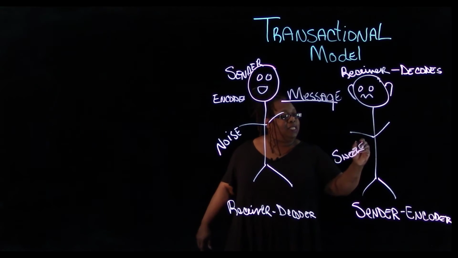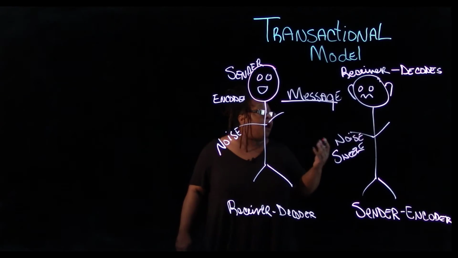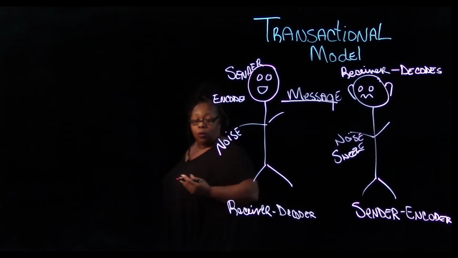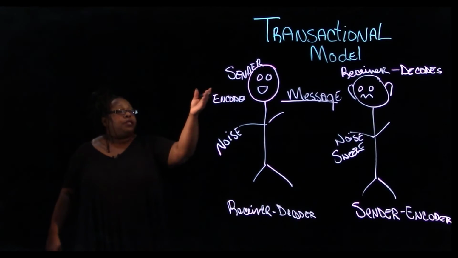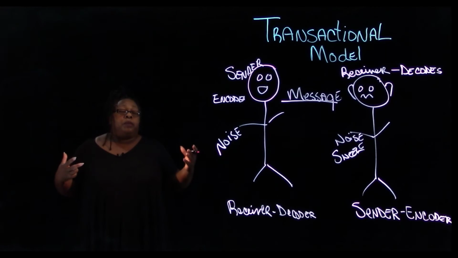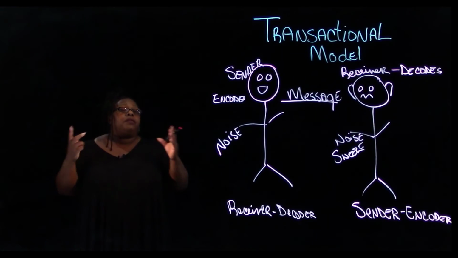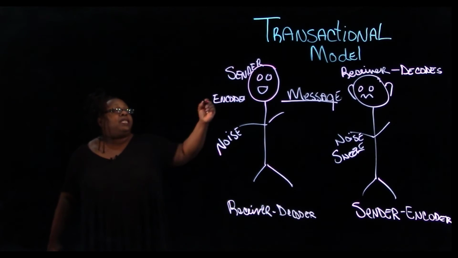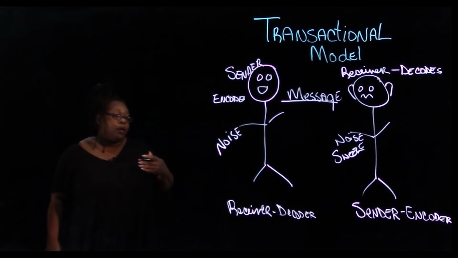Just say sneeze, and that can be noise. Also, if the room is too hot, if it's too cold, if the speaker, the sender, is wearing something really loud and obnoxious or just not that awesome, all of those things are noise, and noise can interfere with the messages that we're sending, receiving, decoding, and encoding.